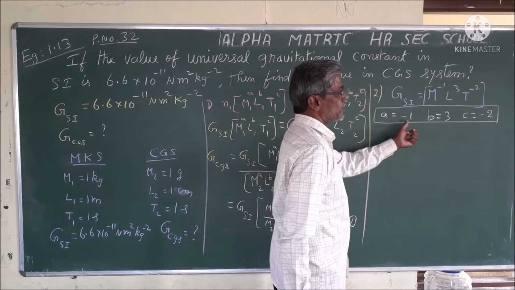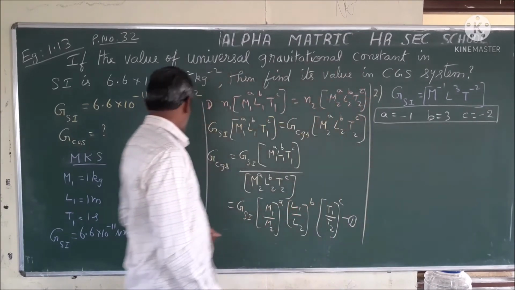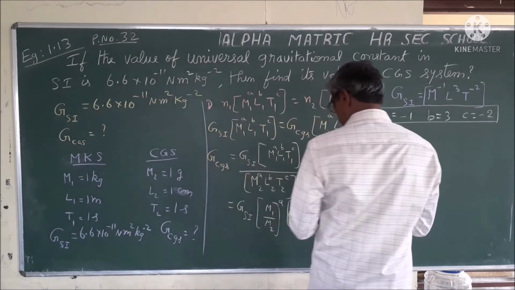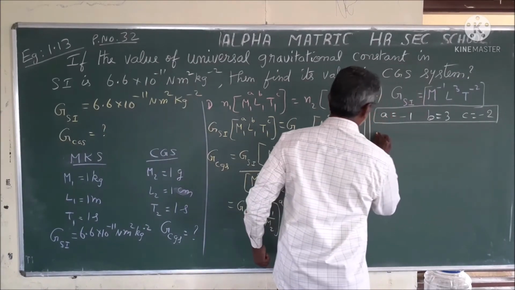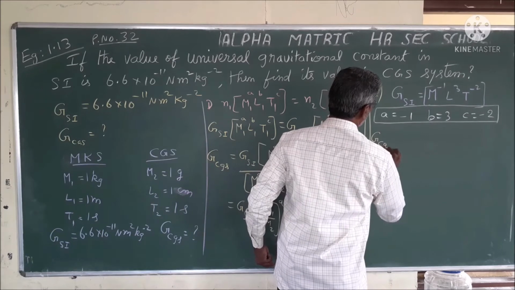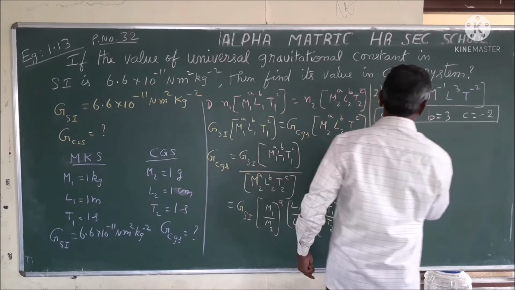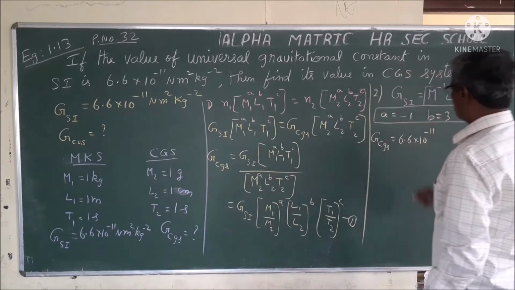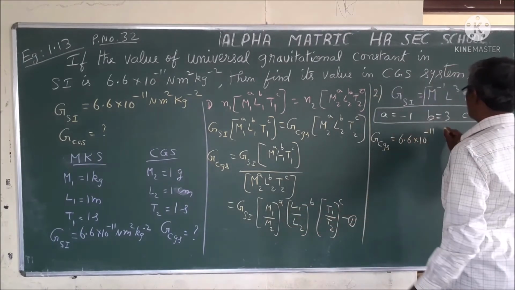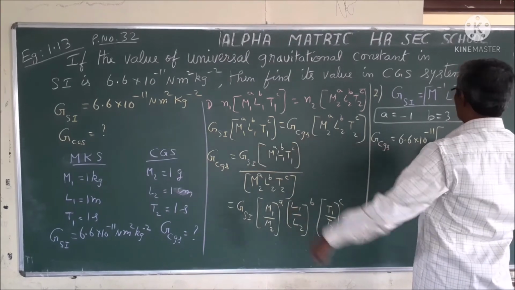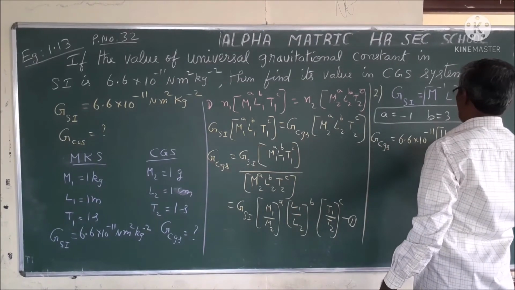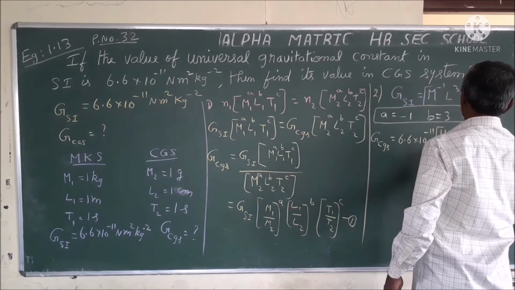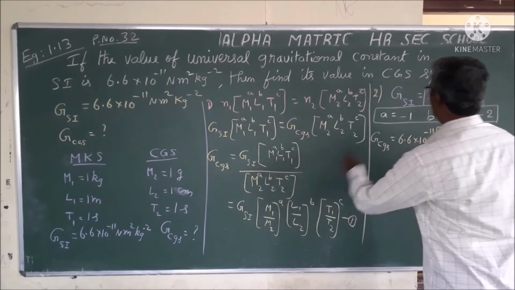Now, you substitute the A, B, C values as well as G, SI in equation number 1. So G, CGS is equal to 6.6 into 10 power minus 11. Then M1, what is M1? 1 kilogram divided by M2, 1 gram, whole power, what is the A value?